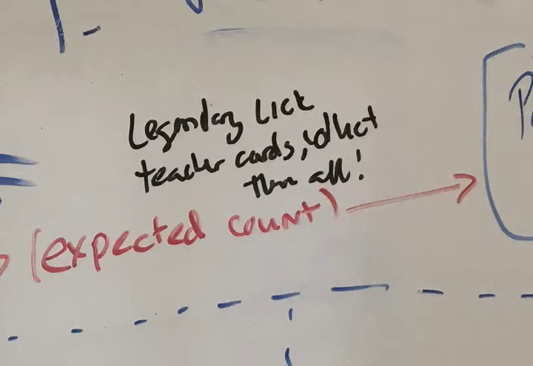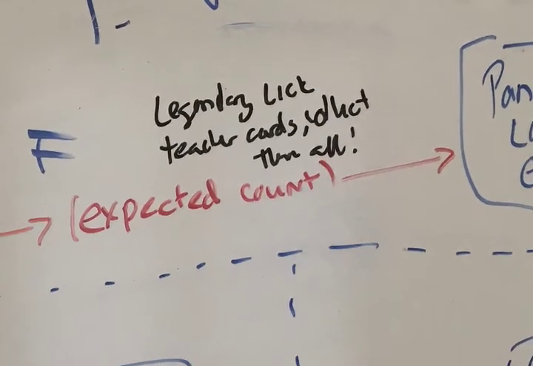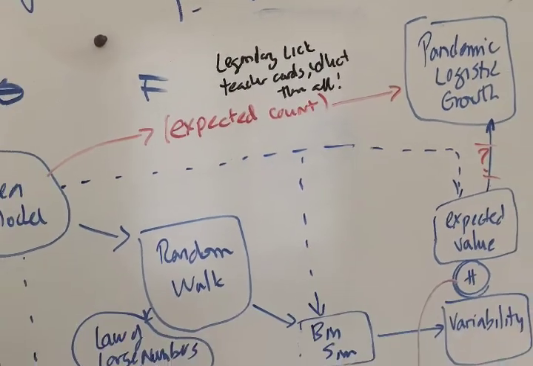There's a problem, like suppose there are 6 cards for legendary Lick teachers, and you open up cereal boxes and you get 1 card, and it's random which card you get. How many cereal boxes do you need to open in order to get all 6? And of course it's going to vary because it's random, but how many do you expect to open? Oh, the difference between expected value and variability.